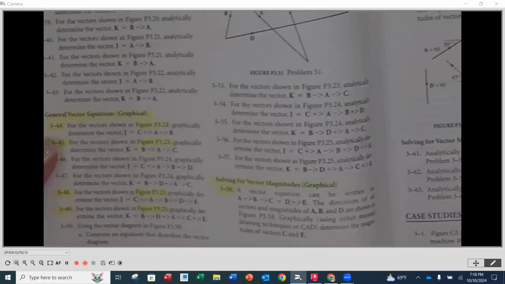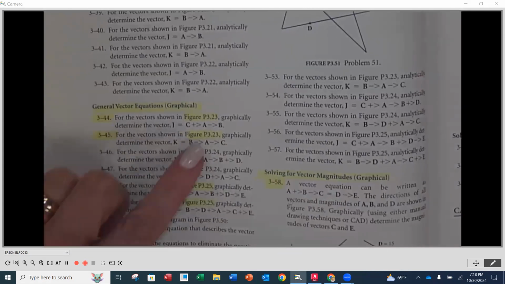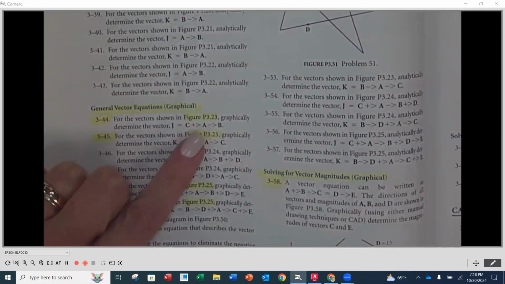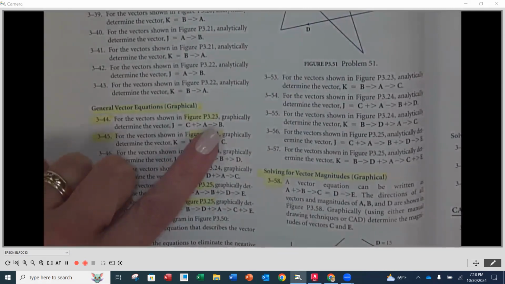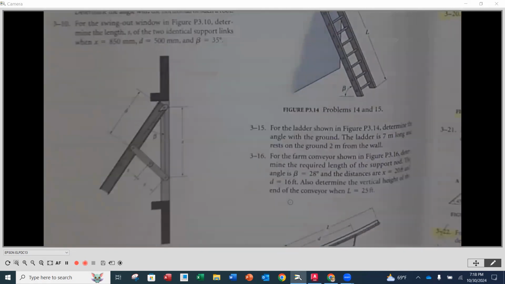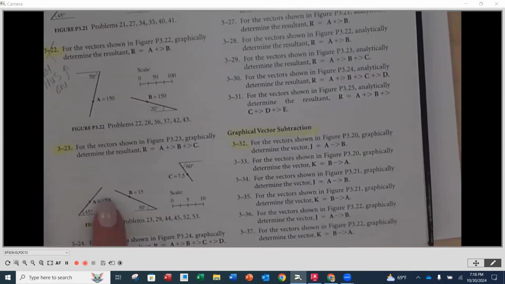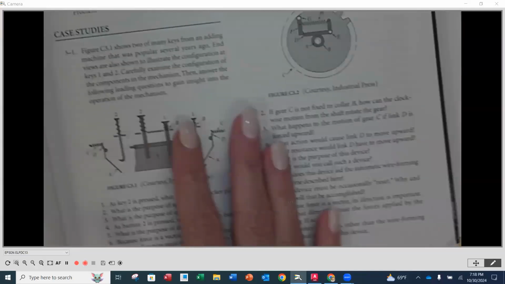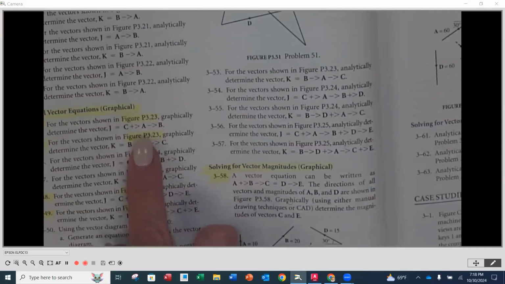Turning the page. Okay. The next one we're going to do is 344. This is using figure 323. We're going to do C plus A minus B. So for that one again, the base vectors are going to be what you already drew, but you're just going to determine J using this equation.